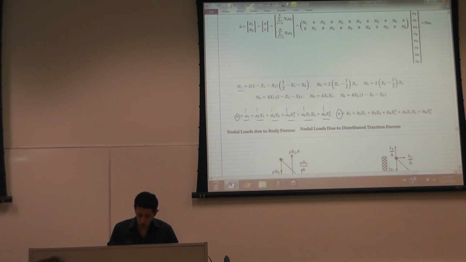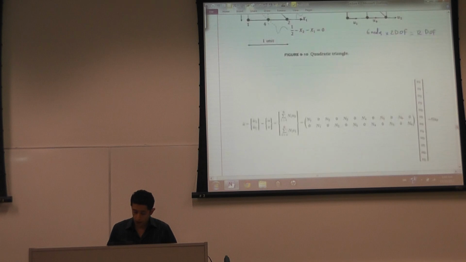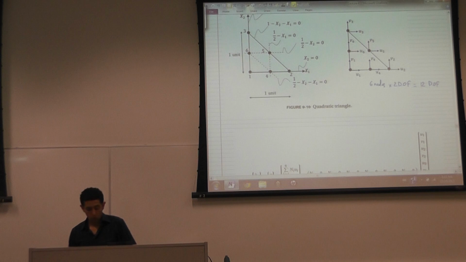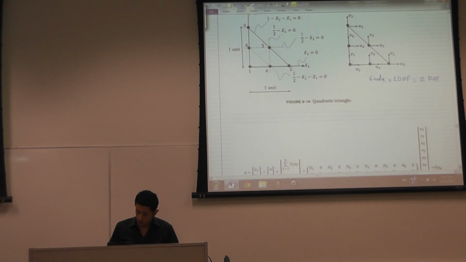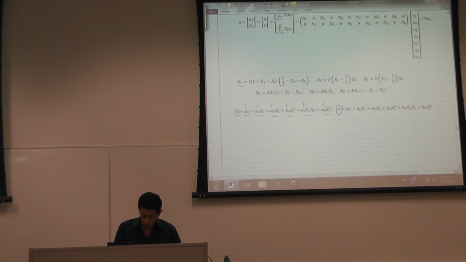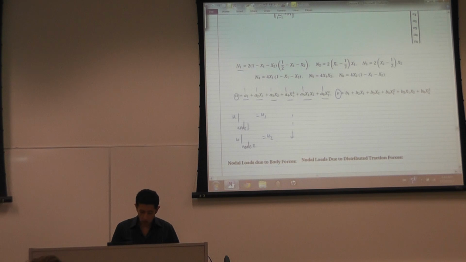But we can replace those generalized degrees of freedom with specified degrees of freedom which tell me the displacement at the nodes, by simply solving an equation and saying u at node 1 is equal to U1, u at node 2 is equal to U2, and so on.